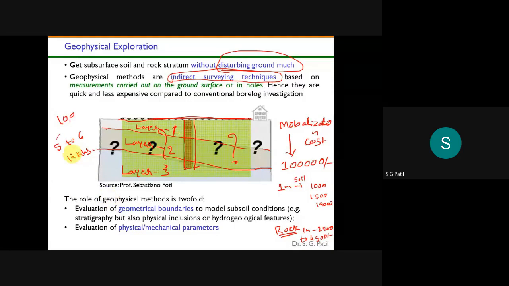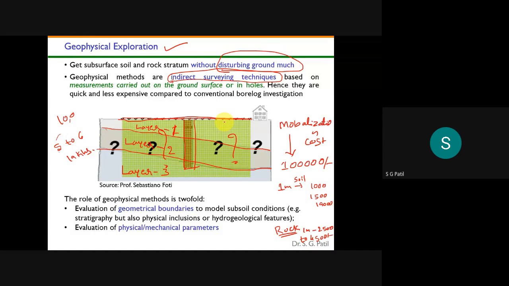So to avoid this much money, what you can do is go for some geophysical exploration. With geophysical exploration, the mobilization cost will be very less, because very simple equipment is needed and it is easy to carry.